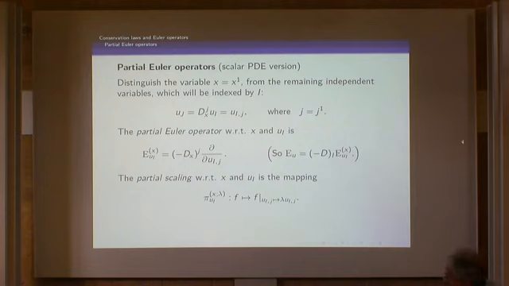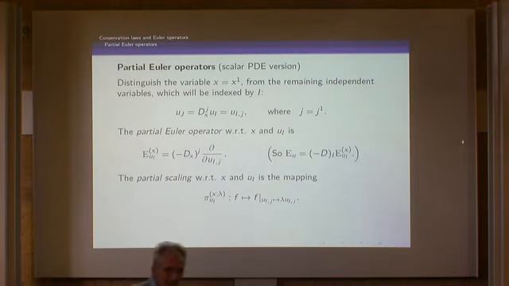Now, one other operator I need, but I won't go into too much detail about it, and that is the partial scaling. So if I've got my ui's being regarded as separate variables, subject only to x derivatives, my partial scaling treats the same thing. It basically says, I take my function, and any time I see an x derivative of ui, and that may include ui itself, I replace it by lambda times that.